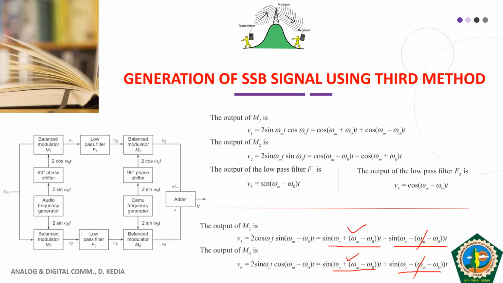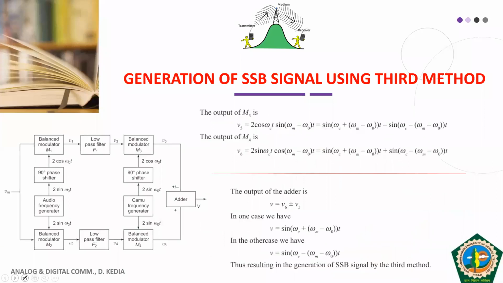If you subtract them, these terms will be added and those terms will be subtracted. So we can add V5 and V6, or subtract them, depending on whether we want upper sideband or lower sideband. Let us see that in the next slide.